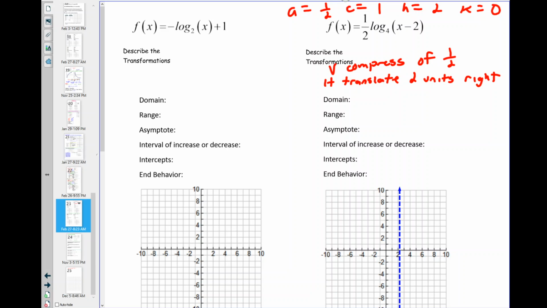This is a log base 4, so just think about 4 to the x. But then we're going to flip it. Maybe you could even think of it as 4 to the y. Maybe that'll make more sense. So the base is greater than 1, so we're still going to want to pick zeros and positives.